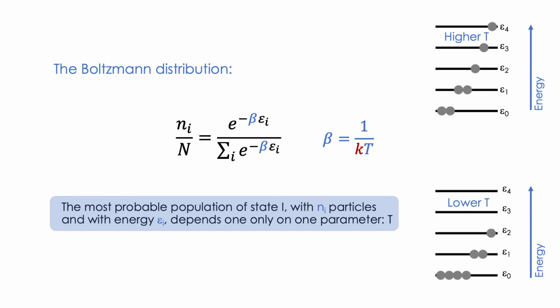So basically, this distribution of particles over the energy levels, according to the Boltzmann distribution, depends only and exclusively on the temperature. And this is a very important concept to remember and key for many other properties and concepts that we will discuss in statistical mechanics and that you will learn also in chemistry.